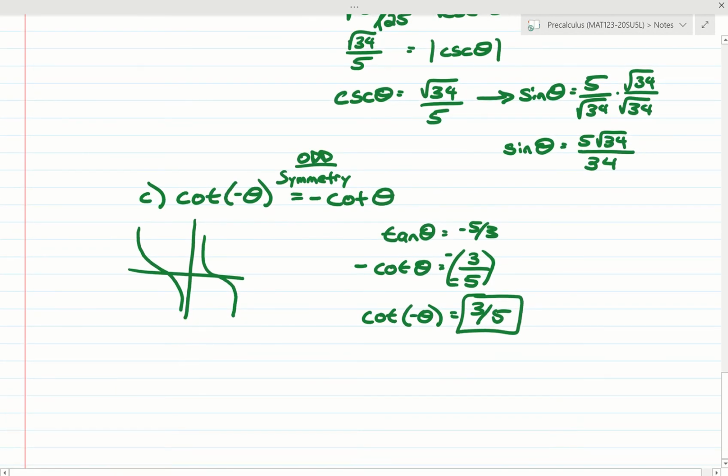Bottom line is because it's odd symmetry, cotangent of negative theta is the opposite of whatever the cotangent is. If we know tangent is negative 5/3, cotangent of theta would be negative 3/5. But the cotangent of the opposite of theta would be the opposite of the cotangent. That's where that came from. So hopefully you understand that, and we get the same answer.